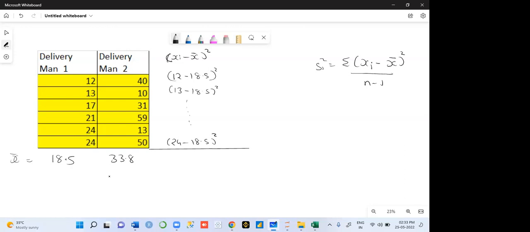Clear, Agni, or should I repeat? Yes. Sum is how much? 141.50.